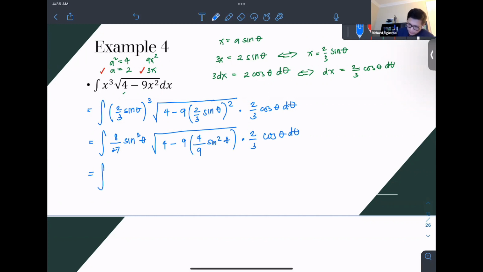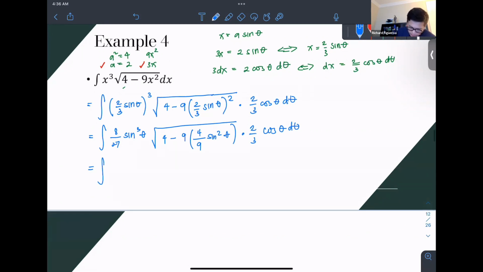So I'll multiply the constants. 8 times 2 is 16. 27 times 3 is 81. So 16 over 81.